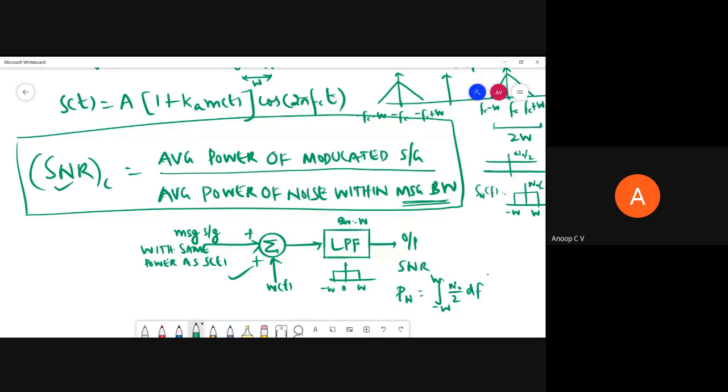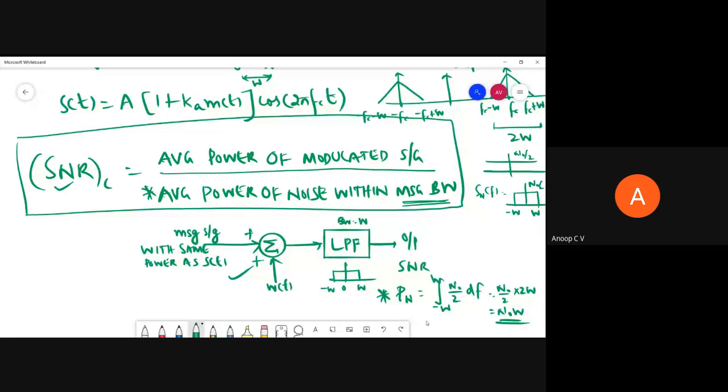If you integrate this, you get N0 by 2 times 2W, which is equal to N0 W. So the noise power, the denominator, is N0 W. Please do keep this in mind.